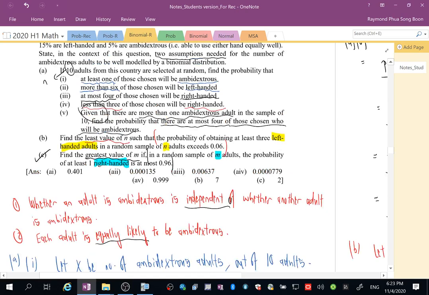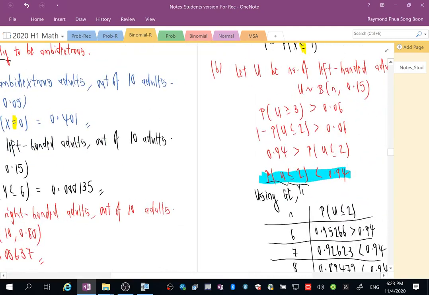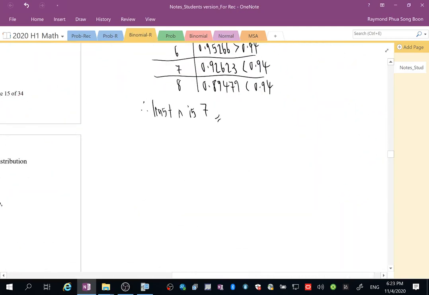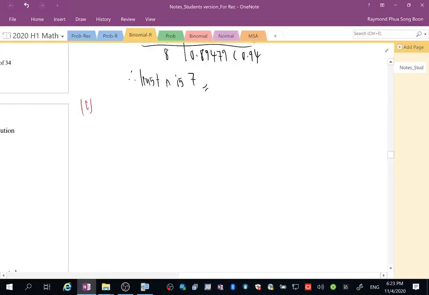So in fact, we are asked to find the greatest value of m. So we cannot assume that the number of trials is actually 10, which is in part A. So therefore, although it's talking about right-handed adults, the number of trials is unknown. So in part C, we need to define yet another new random variable. Let's use another alphabet.